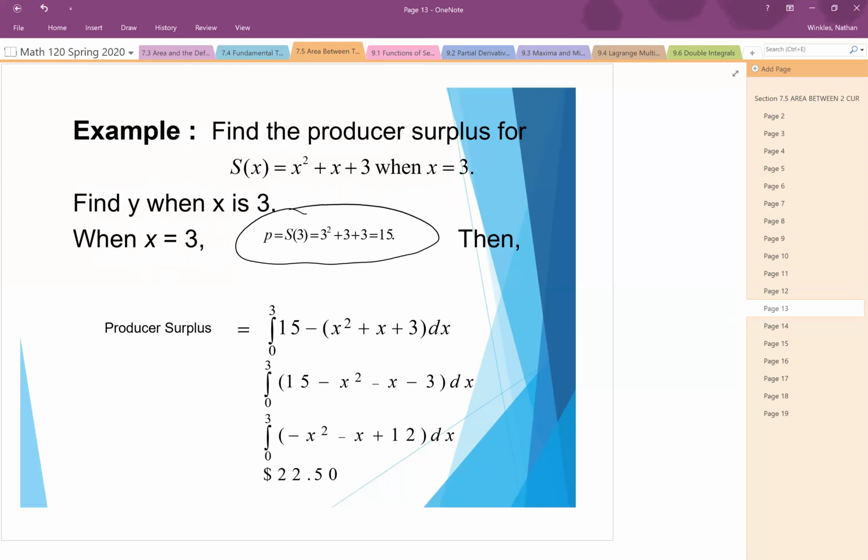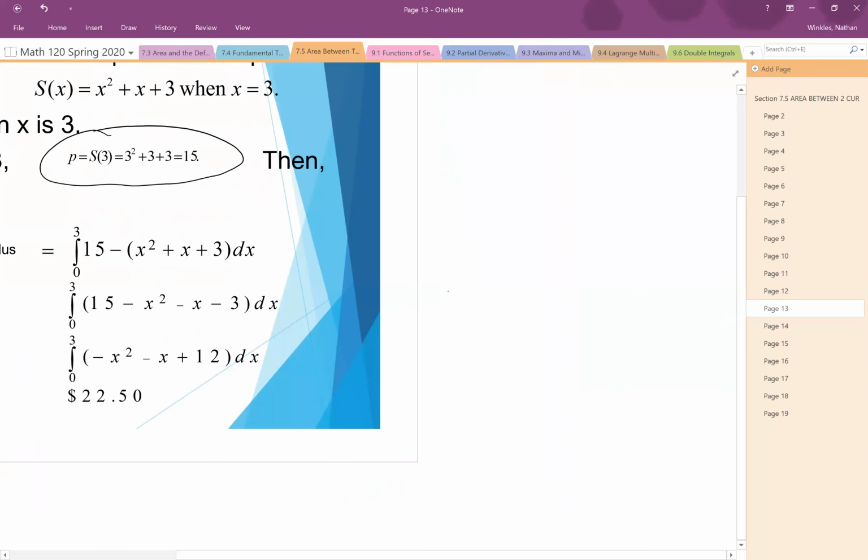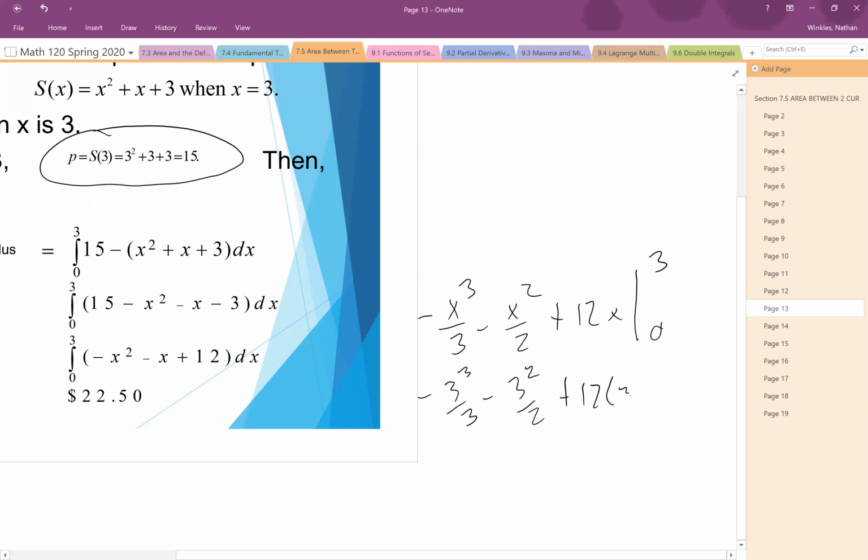When we integrate this, we get minus x cubed over 3 minus x squared over 2 plus 12x evaluated from 0 to 3. So minus 3 cubed over 3 minus 3 squared over 2 plus 12 times 3. 3 cubed is 27 divided by 3 is 9. So minus 9 over 4 plus 36.